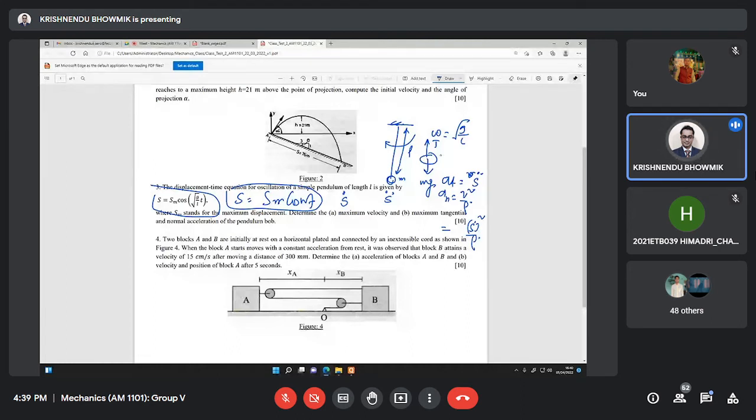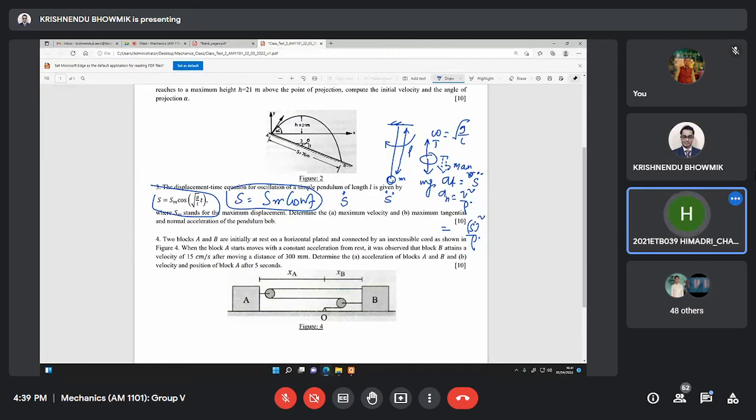So you mean to say you want to write m a, that way you want to write n. Yes, sir. Okay, if you write that way, what you are getting there? An will be v square by L minus g cos theta, and then we can calculate theta max.